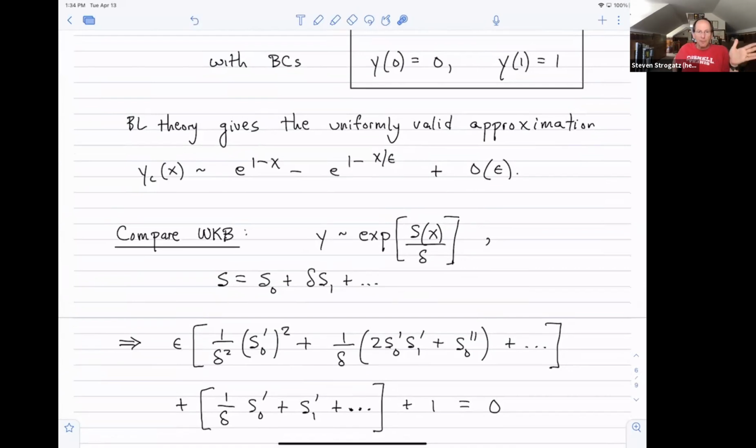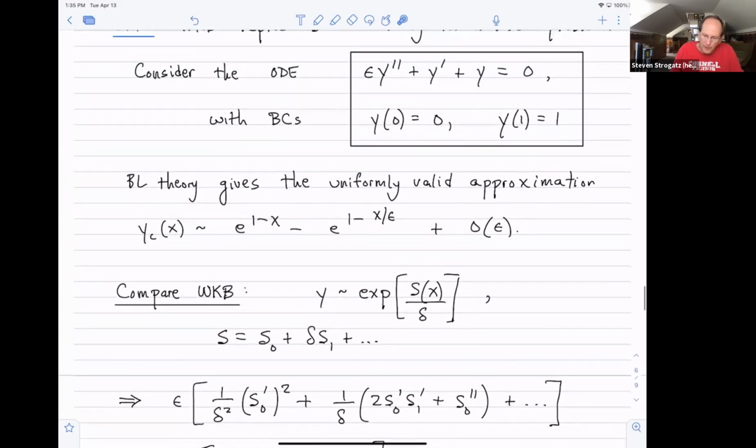After canceling out the exponentials, you're left with an epsilon times the coefficient of the second derivative, which we wrote down earlier. It's this term that I'm underlining. Then there is a coefficient of the first derivative term, which is going to be this. I'll just remind you, here's the equation.